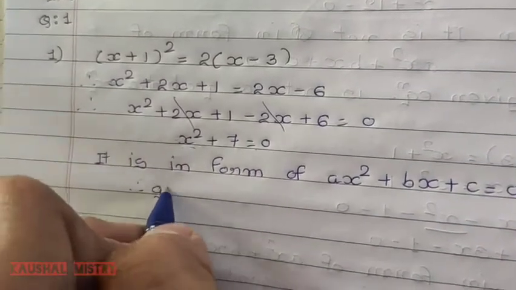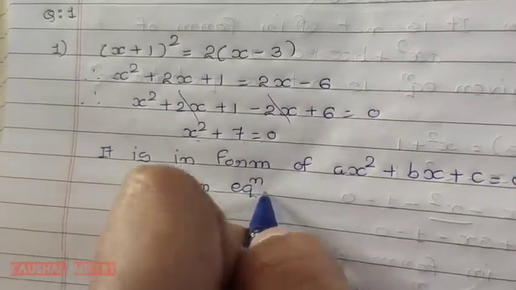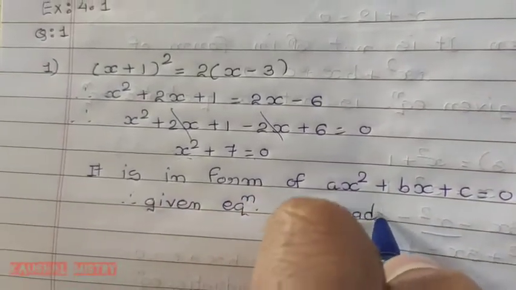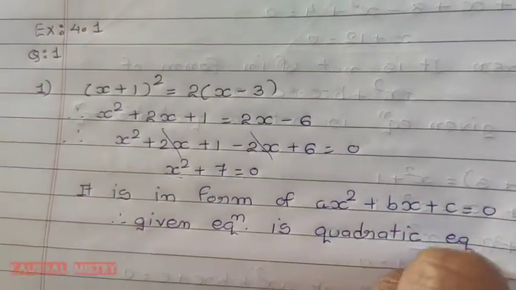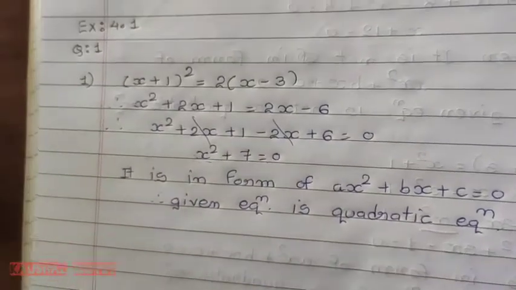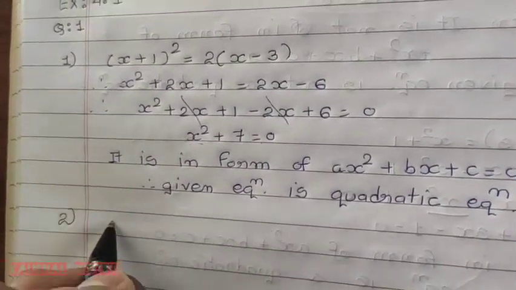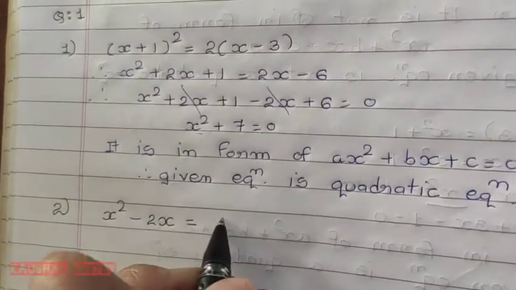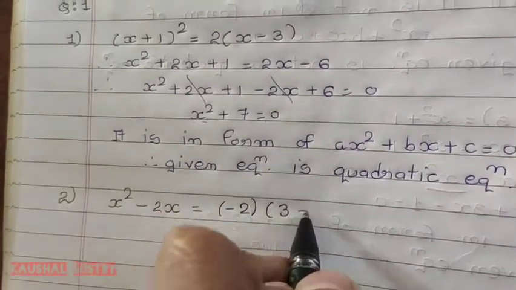Therefore the given equation is a quadratic equation. Right? Now second one, that is x square minus 2x is equal to minus 2 in the bracket 3 minus x, right?